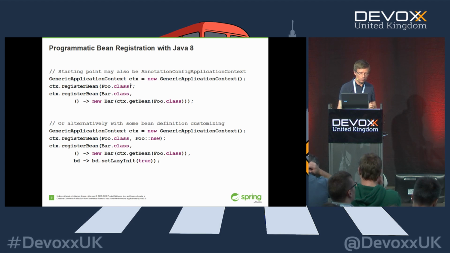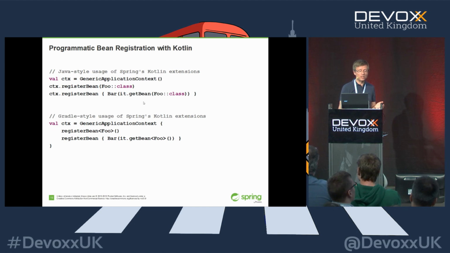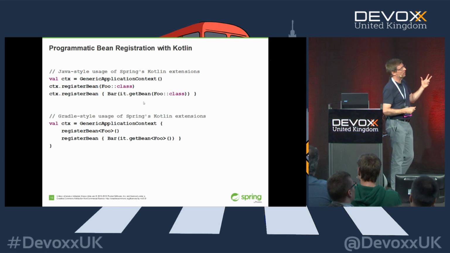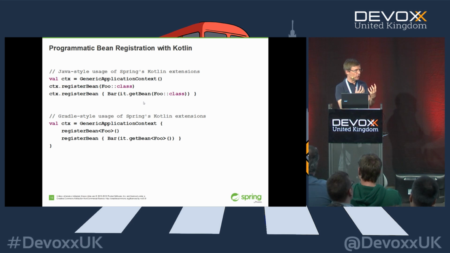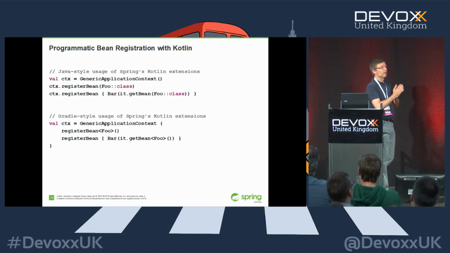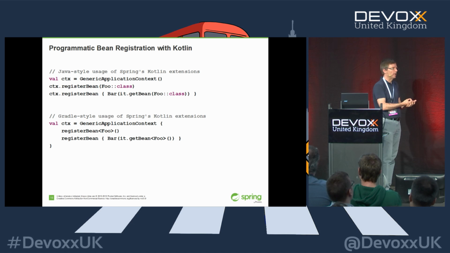If you compare it to the version here, you had to specify the component class and the instance supplier. This variant here has just an instance supplier, technically a Kotlin function serving as an instance supplier. Because in the Kotlin world, the Kotlin compiler actually retains additional meta information for Kotlin functions, whereas for lambda expressions and method references, there is no clean way to determine the return type at runtime.